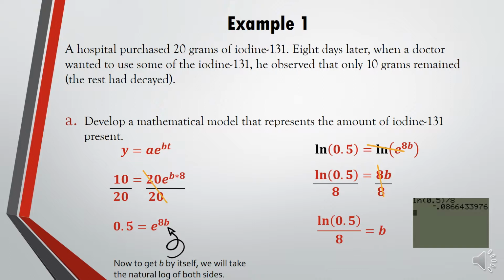So I just went ahead and rounded this to 9 decimal places. Some of these problems on your homework, they want you to round to an obscene amount of decimals. So I just wanted to mimic that in this video. So the value of b, which was that decay constant, is negative 0.086643398. Now, we're almost done. We just need to throw this stuff back into our mathematical model.